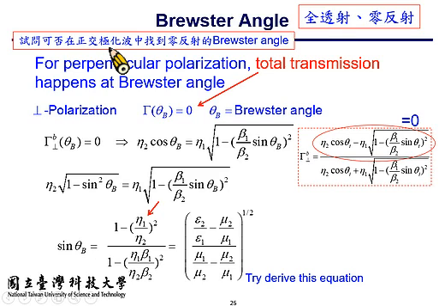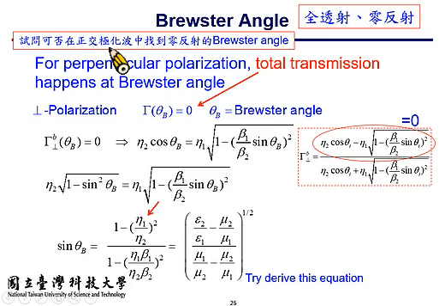You end up with the criteria derived from this relationship. If you want to have zero reflection coefficient, then the denominator should be 0. So you end up with this relationship.